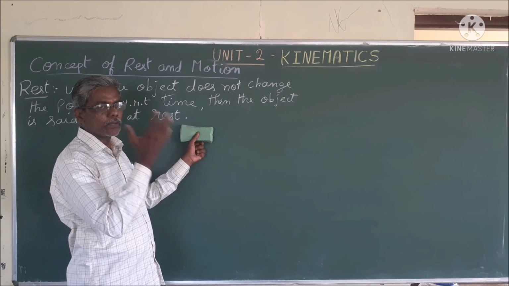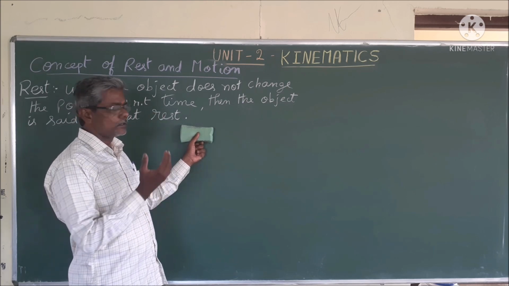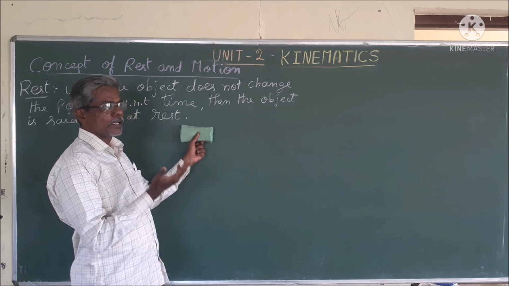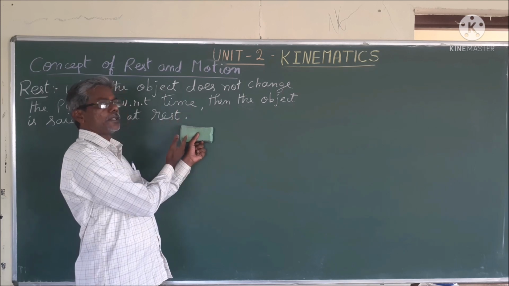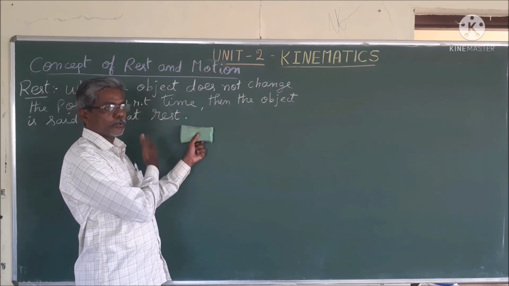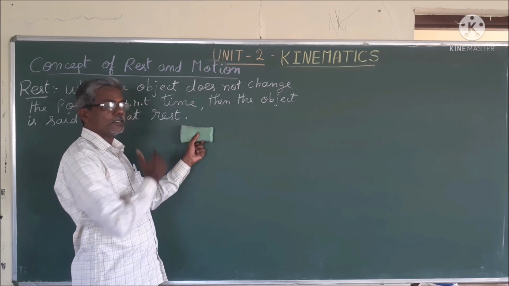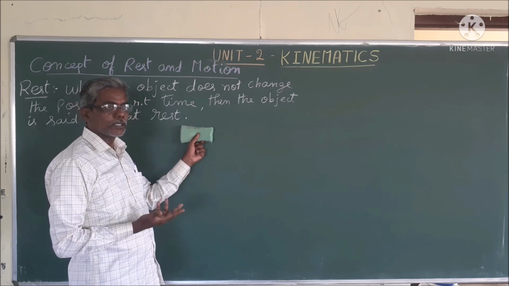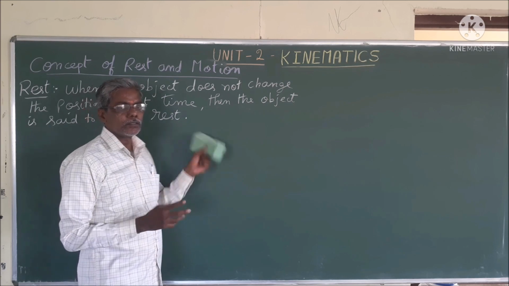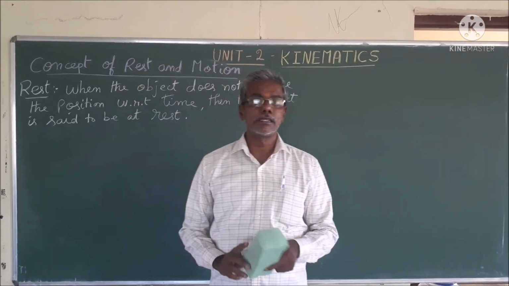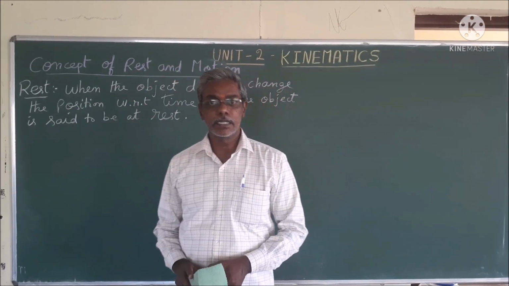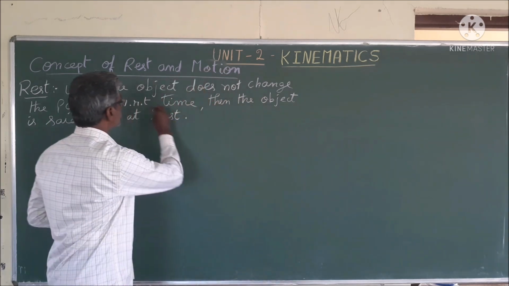Let it be 5 o'clock. Then at 6 o'clock, I look at the duster. It is in the same position. Then at 7 o'clock, it is in the same position. From this, I can conclude that this duster is at rest with respect to time.